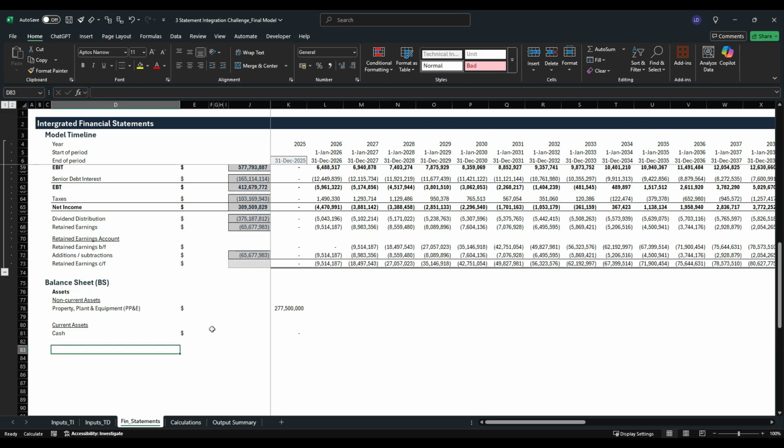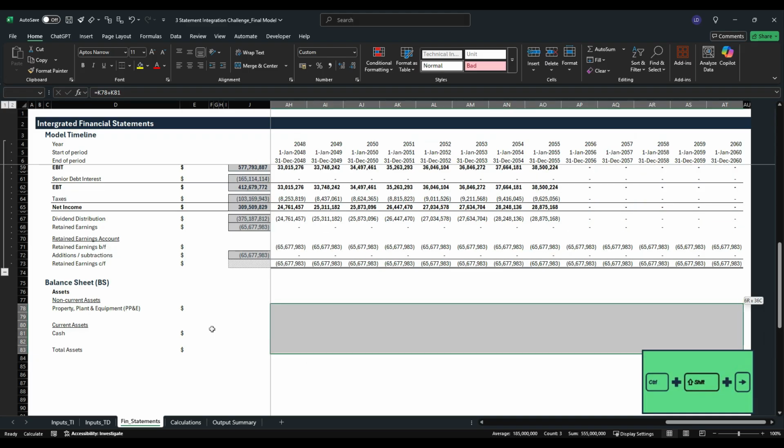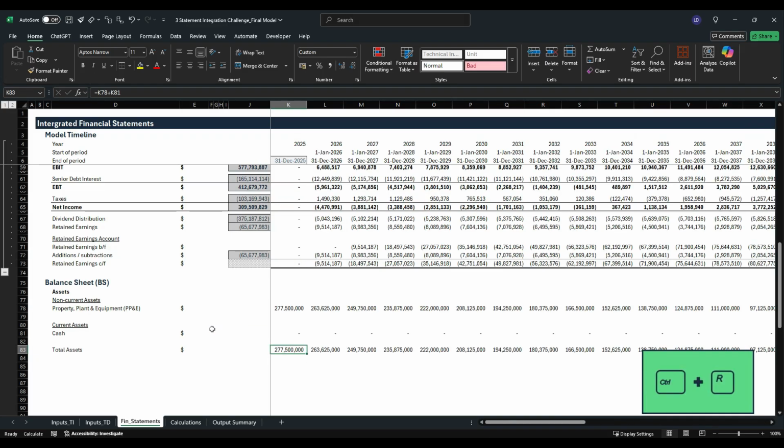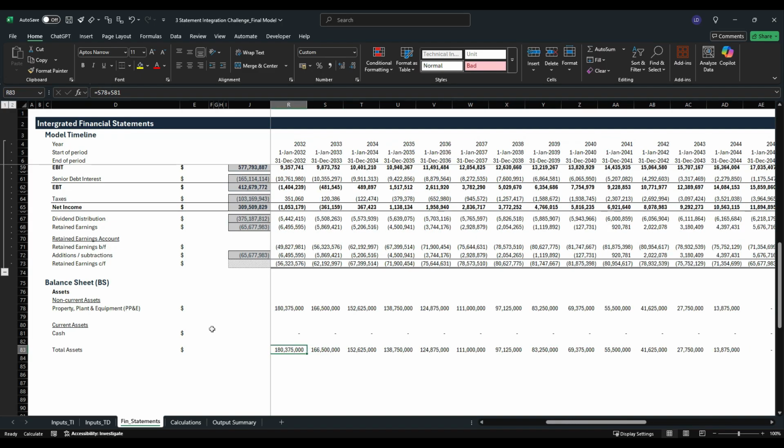Great. And this will leave us with our total assets in dollars, which is just the sum of our non-current assets, PP&E, plus cash. Let's take all of these guys, drag them over, Control R. And you can see that our total assets decrease over time and then eventually hit 0.